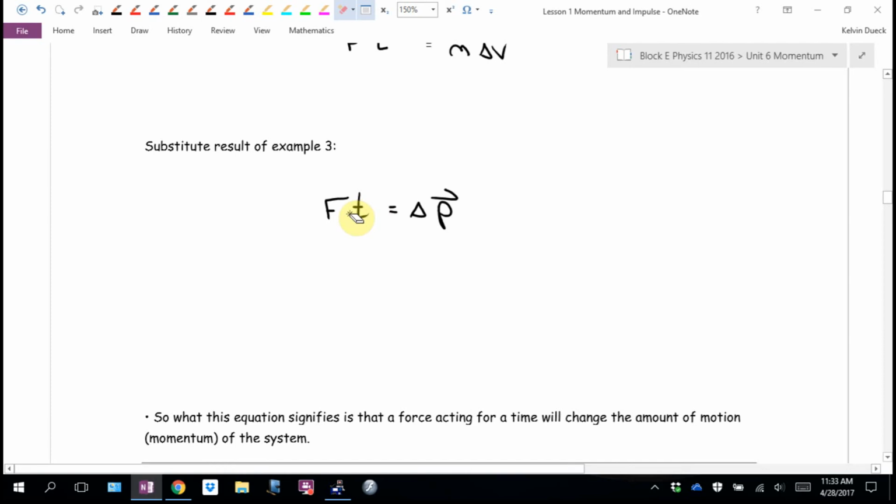To apply a force, an unbalanced force, for some amount of time. Believe it or not, isn't that actually Newton's first law? Because it's saying if you don't apply an unbalanced force, your momentum is not going to change. You're going to keep going in a straight line at a steady speed.